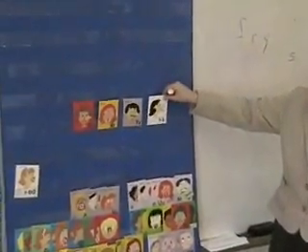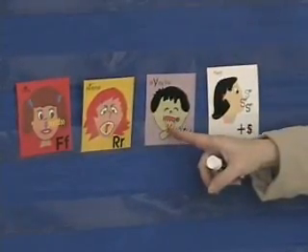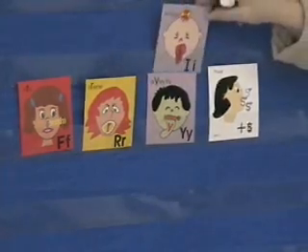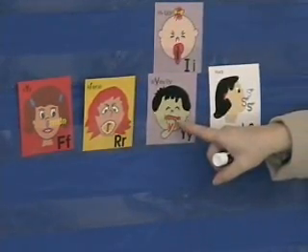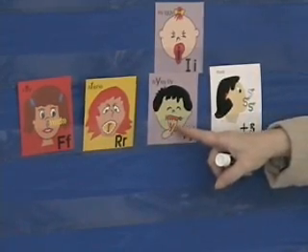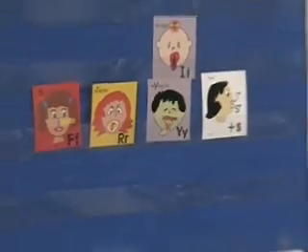I want to add my plural, and in order to add the plural, I have to change my Y to I, and then I have to add ES. When I change my Y to I I also have to pick up this little E in the corner of his mouth.